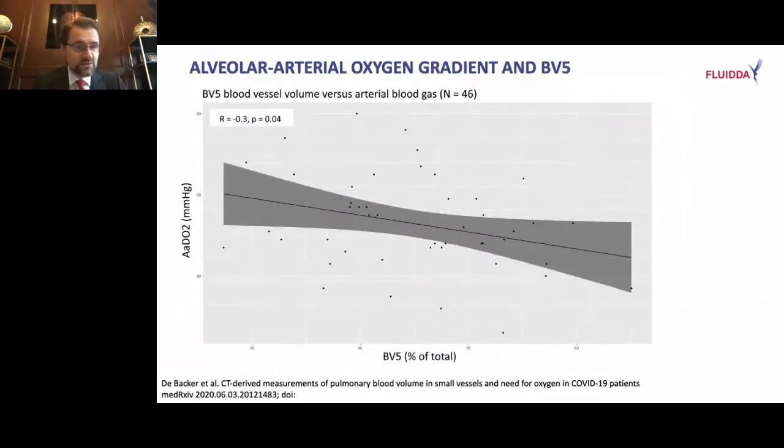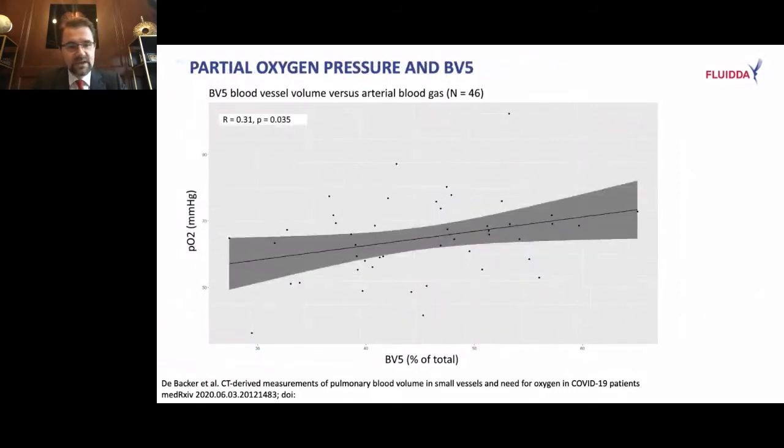We also see that it's correlated with the alveolar-arterial oxygen gradient. So the lower the BV5, the higher this gradient, which is a measure for VQ mismatch, and we'll talk about it more in the next few slides. And we also see a correlation with lower BV5 and lower partial oxygen pressures.